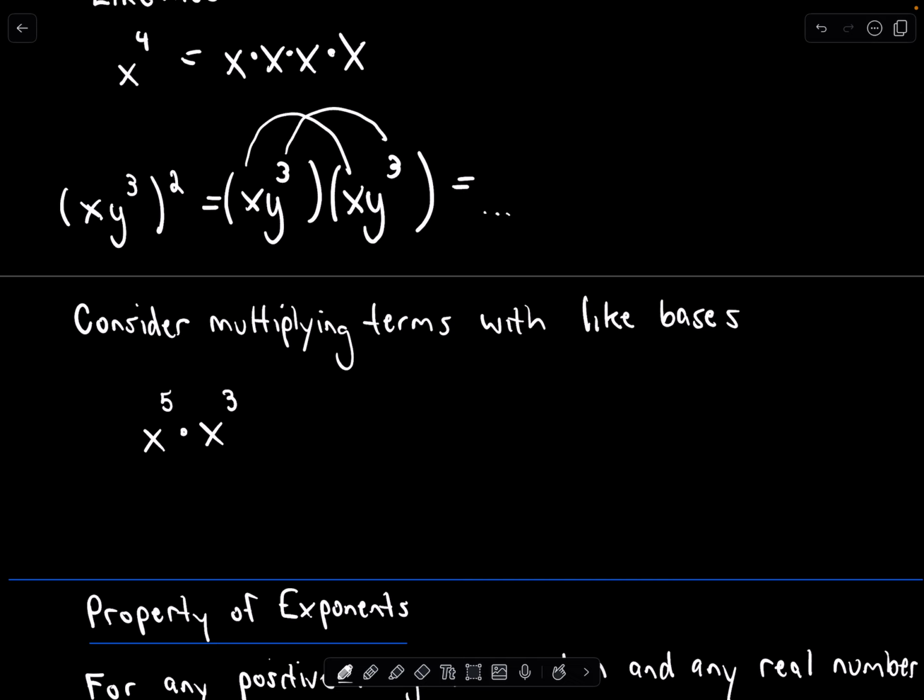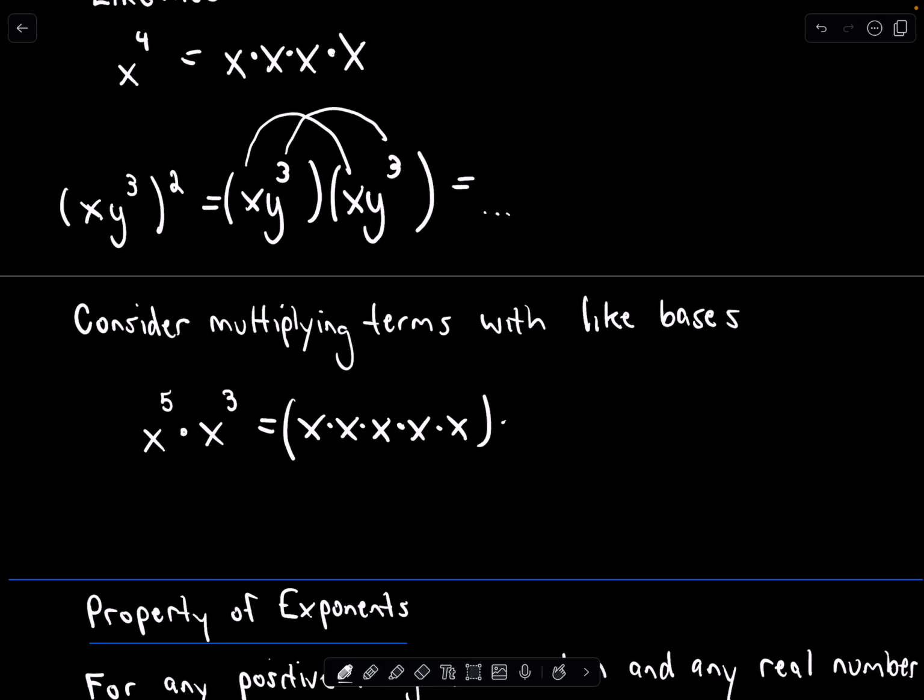So let's think about what happened. If we have these like bases, notice I've got x raised to the power of 5 and another base of x raised to the power of 3. If I take x to the 5th and multiply it by x to the 3rd, what should that simplify to? Is there a nice little algebraic formula? Well, x to the 5th, that just means we have 5 x's being multiplied by each other.